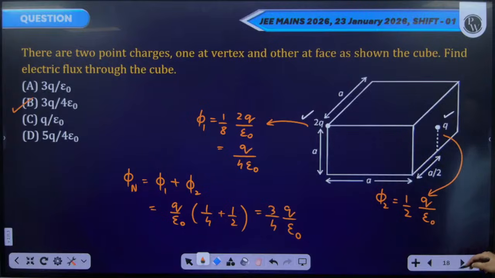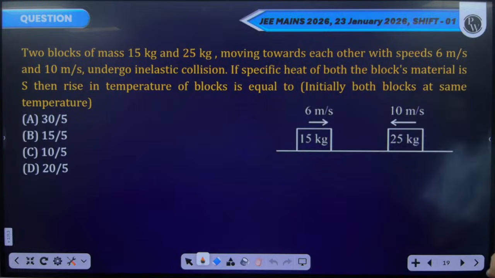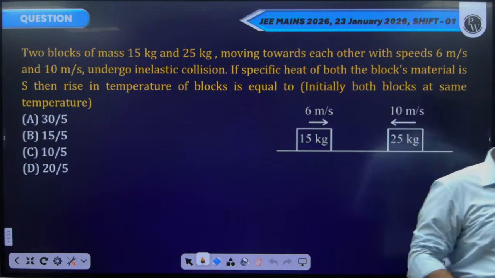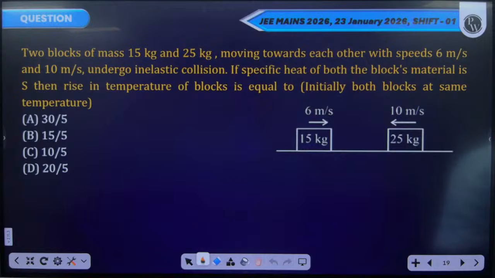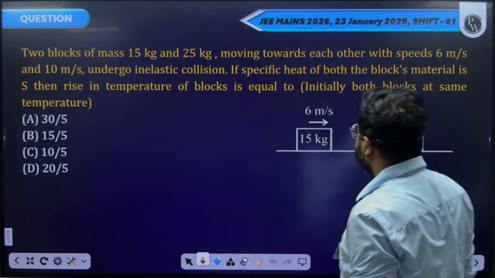Moving along, the next question. All right.